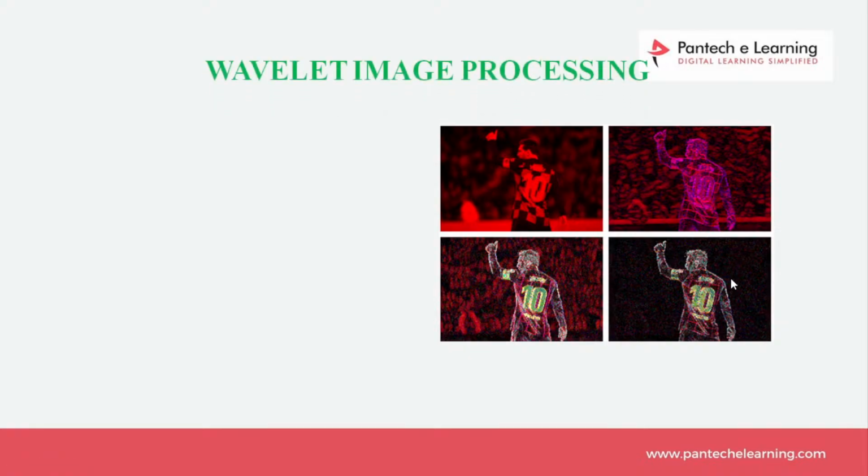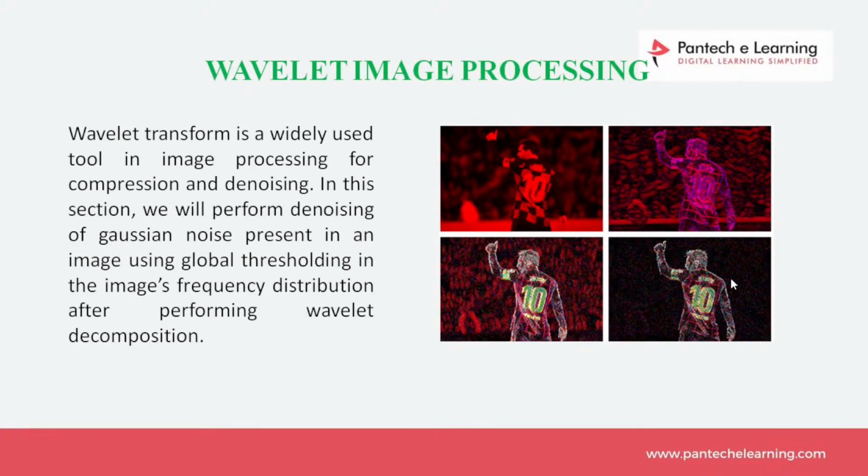So coming to the next one, wavelet image processing. Wavelet image processing is one type of segmentation technique. Wherever you have the original picture, it can be converted into wavelet packages. Then it can easily identify the small edges also. You can understand this picture, because of changing the wavelet packages along with the filtering techniques.